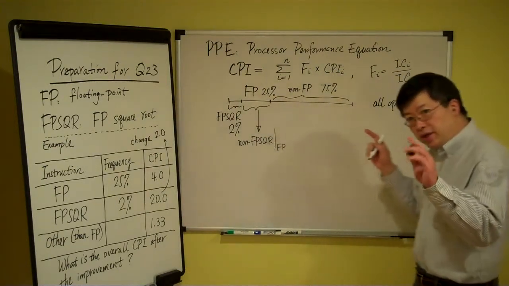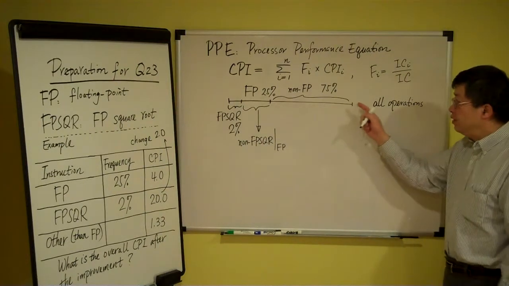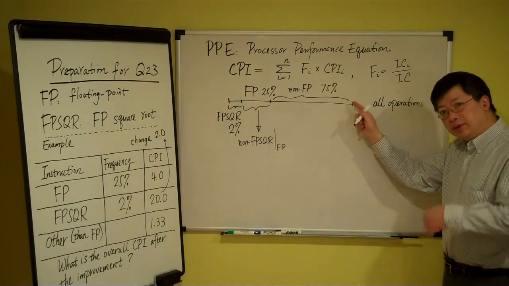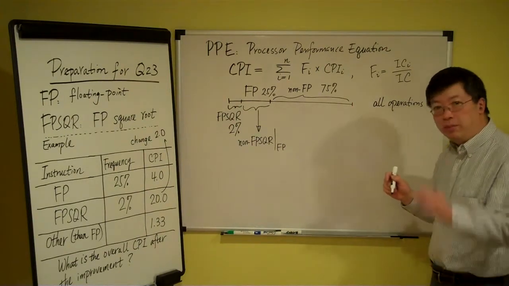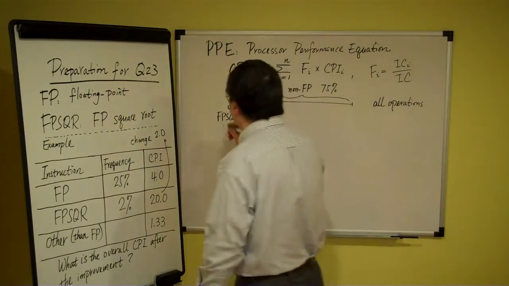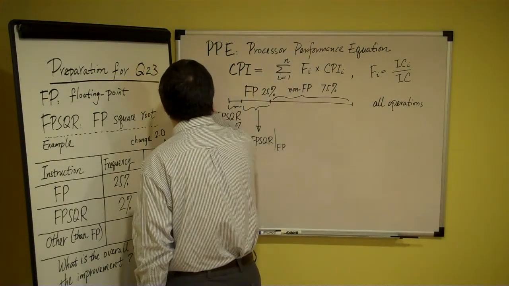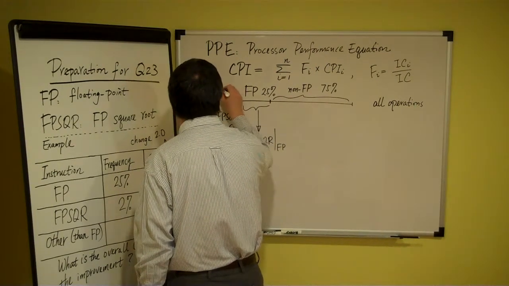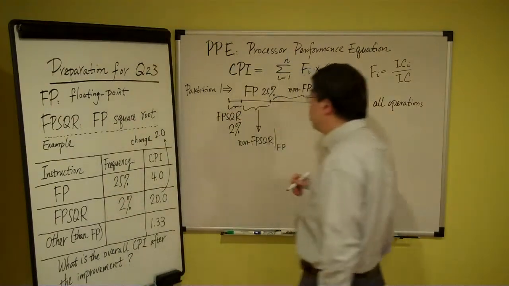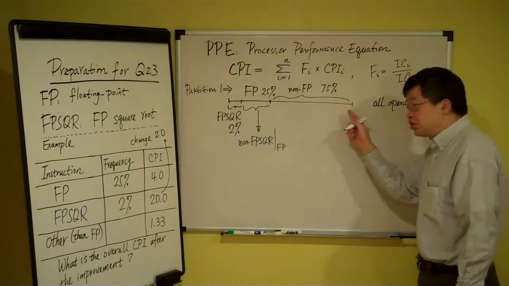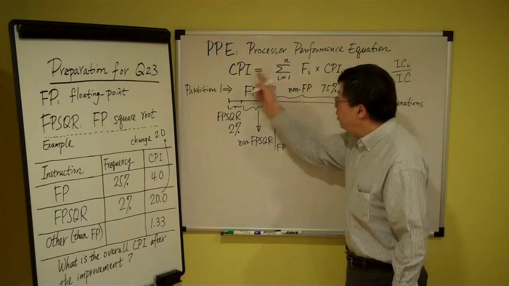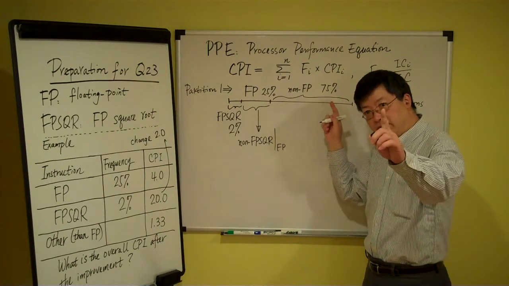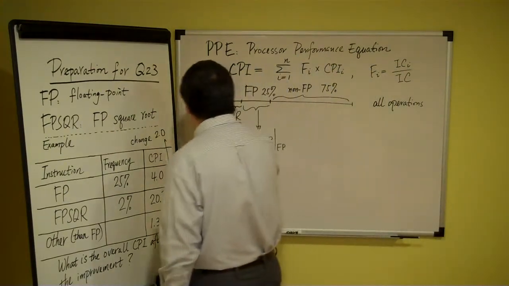Here I give two views of the way to divide all the operations. I call them partitions. The first way, partition 1, means all the operations can be divided into floating point operations and non-floating point operations. So that is our first partition. Partition 2.